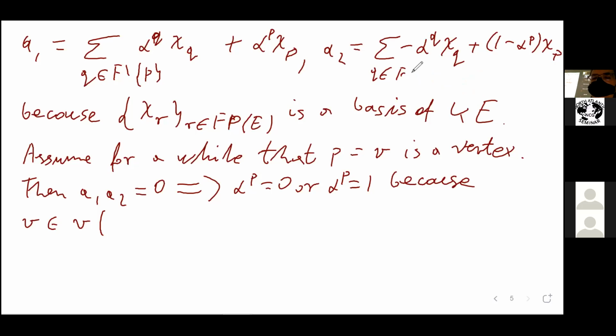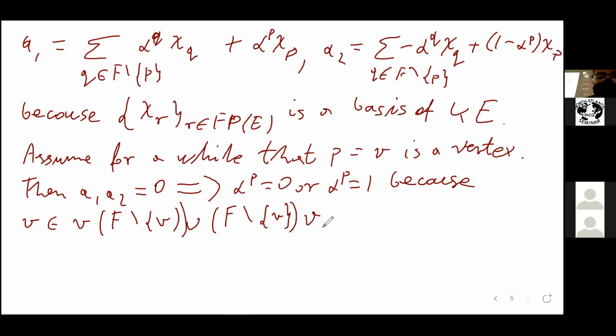This is the same finite set not containing P. F is a finite subset of the set of all finite paths. Okay, so V is not an element of the following set. I have V on the left times F minus V, union with F minus V times V on the right.